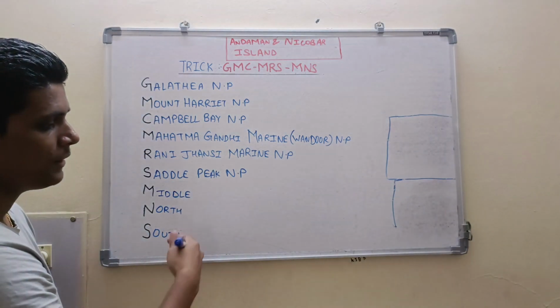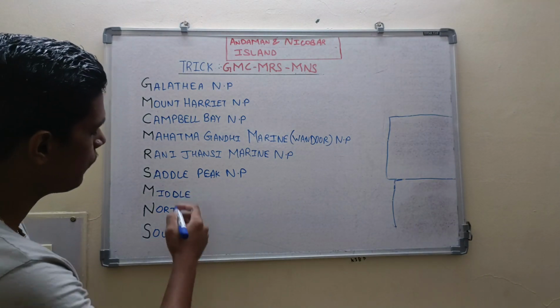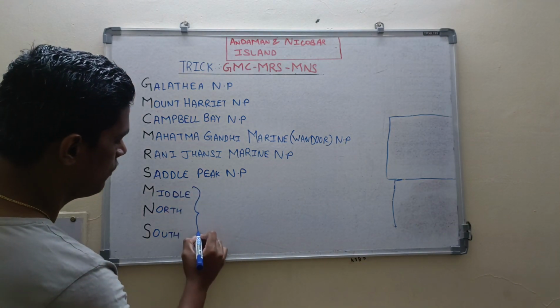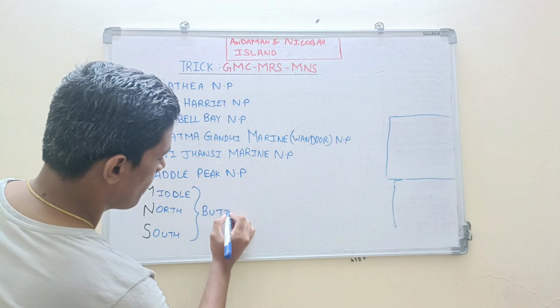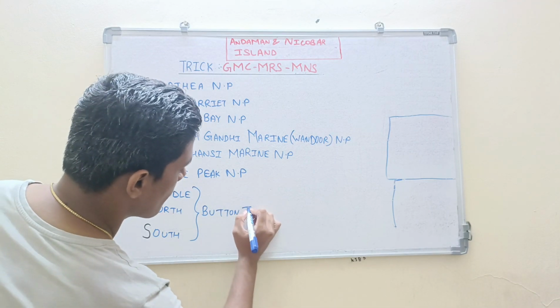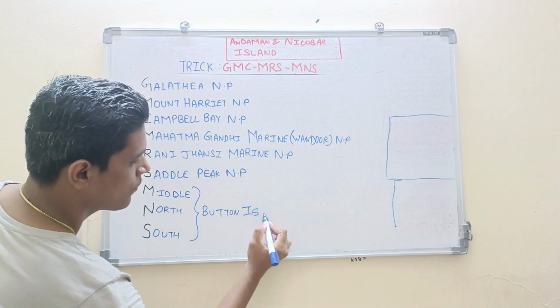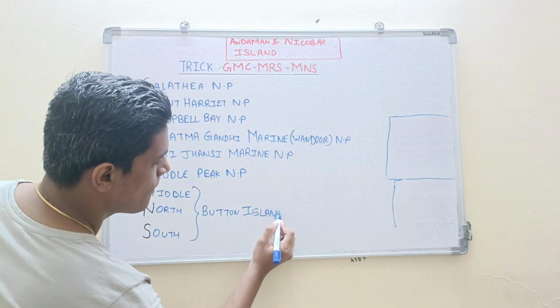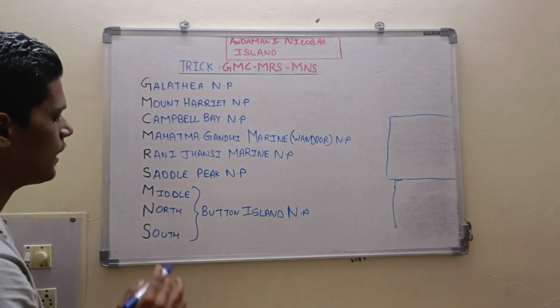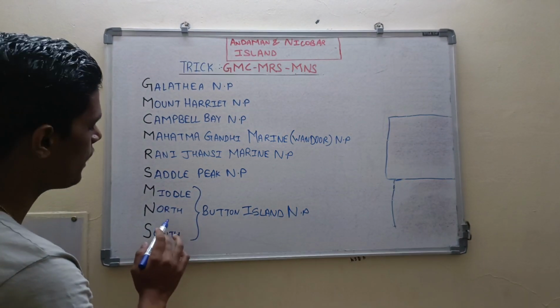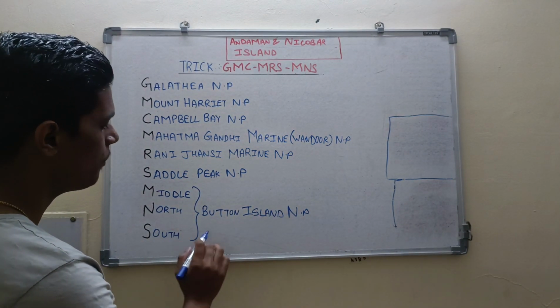And the next words are the same for all three: Button Island. So the names are Middle Button Island National Park, North Button Island National Park, South Button Island National Park.